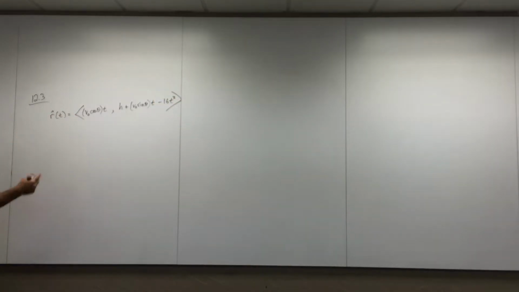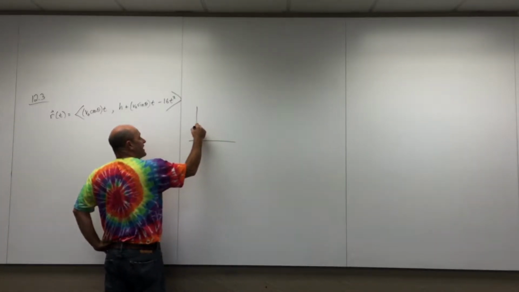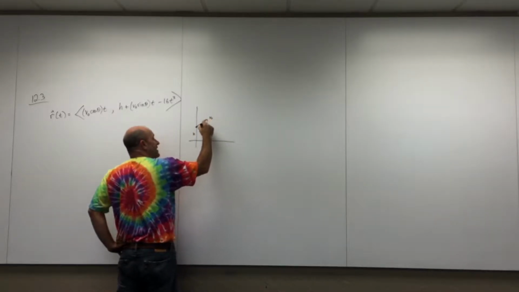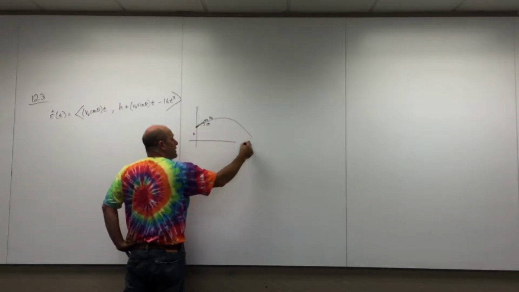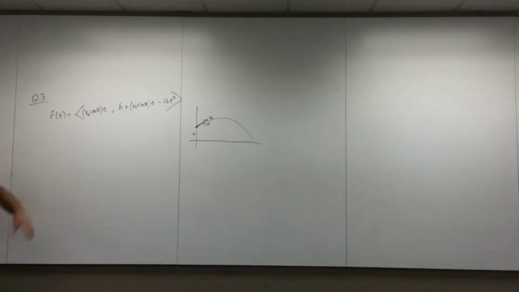That's our position for a projectile launched at a height h with an initial velocity v naught and an initial angle theta. That's its x and y position. Again, I'll give it to you.